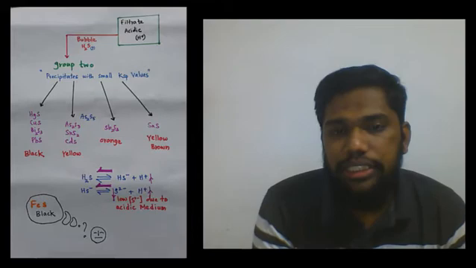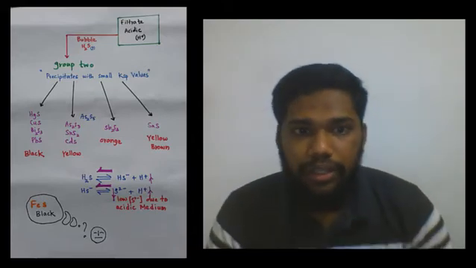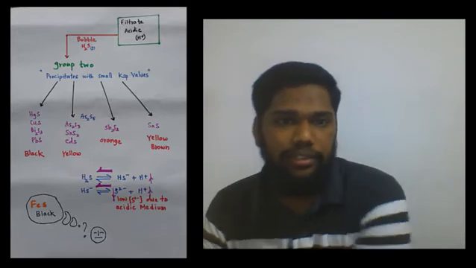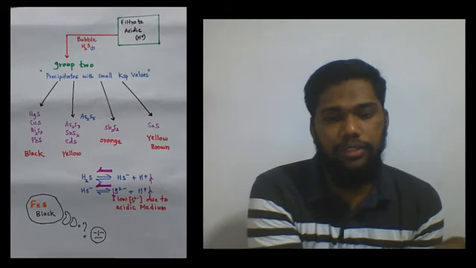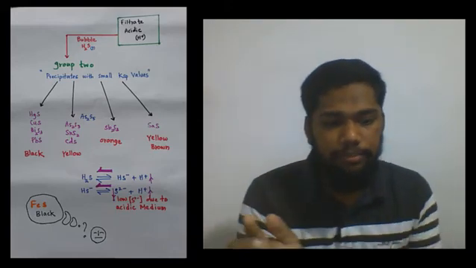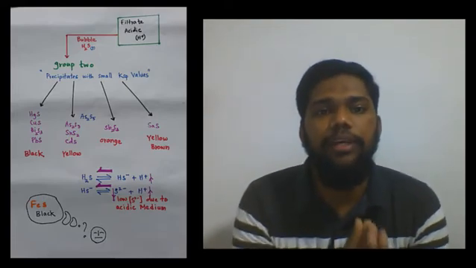So the solution is saturated when a partially insoluble salt like HgS is dissolving, giving Hg2+ and S2-. So HgS solid is dissolving, giving Hg2+ and S2-. Now this particular reaction is a reversible equilibrium reaction.